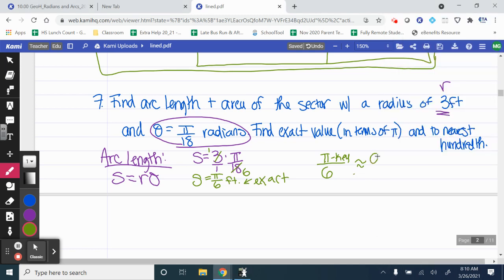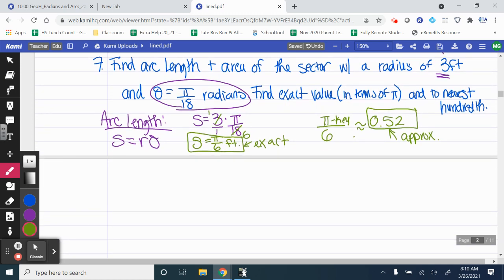Write out your full decimal, and then round to the nearest hundredth. It should be 0.52. Okay, so that is your approximate value for your arc length, and this is your exact value for your arc length.